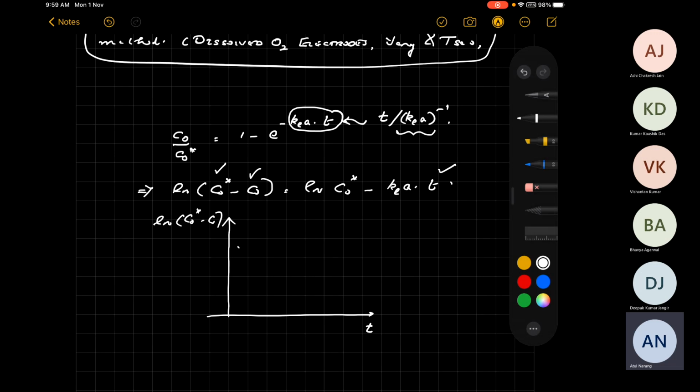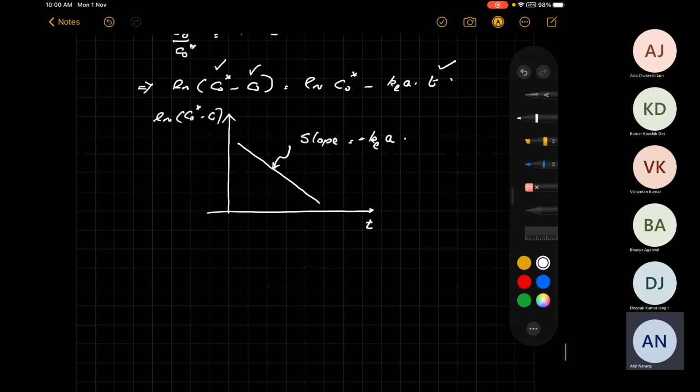It'll be a line of negative slope, and the magnitude of the slope will be KLA. I just put slope is equal to minus KLA. So that's one way of estimating the value of KLA. But the downside of this method is that it is done in the absence of cells.